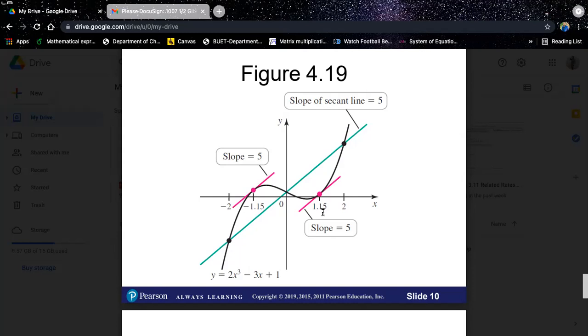Another type of question would be, I can give you a graph, although it's less likely, I generally don't do this, but I'll give you a graph like this. I'll draw a secant line and ask you, where can you locate a tangent line whose slope will be equal to the slope of the secant line?